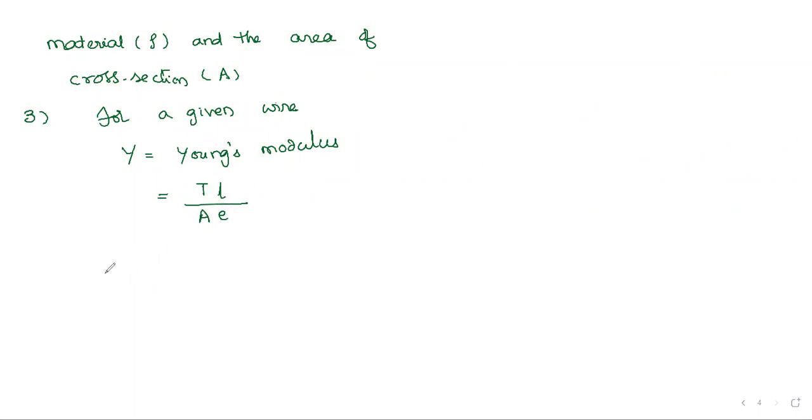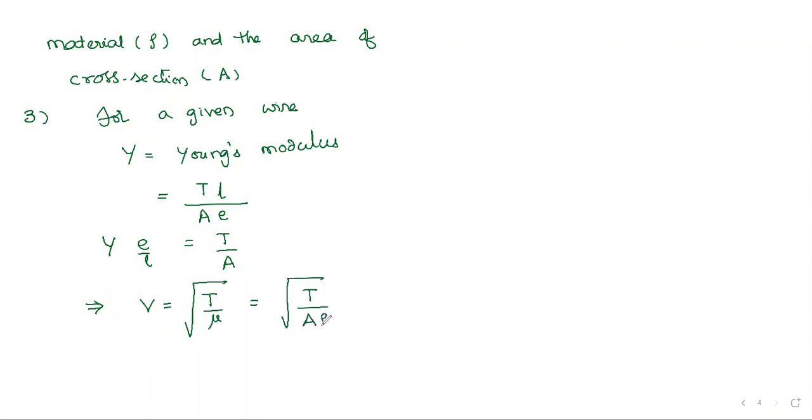So look at Y into E by L. If I take L and E to the other side, you exactly get T by A. What is the use of this formula, sir? Go back to the velocity formula, root of T by mu. In the second point, we got mu is A into rho.